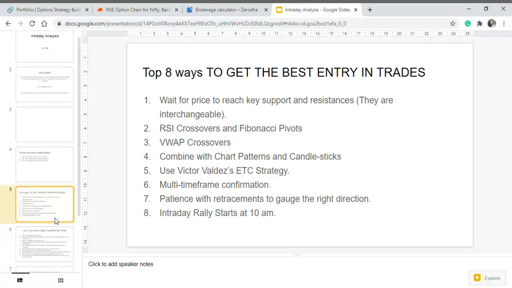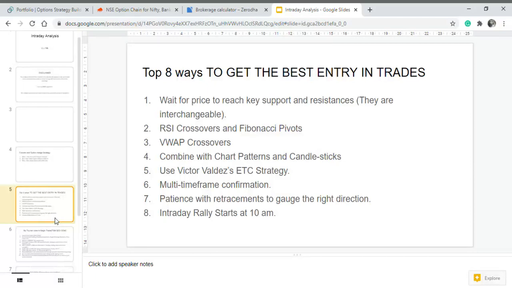Then what you must do is combine all the chart patterns and candlesticks together. Whenever you have a VWAP signal, remember these eight rules are not to be taken just by themselves, they are a combination, and you're supposed to take all of them together.